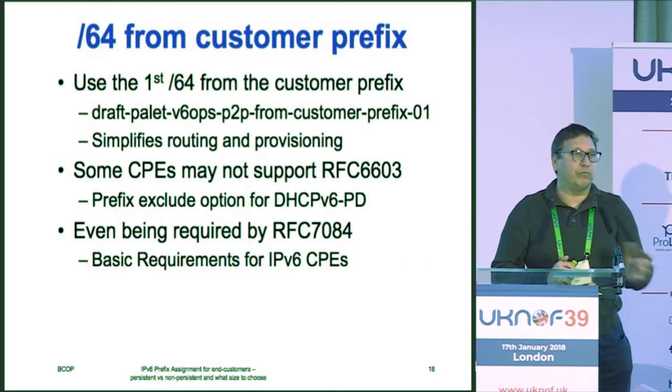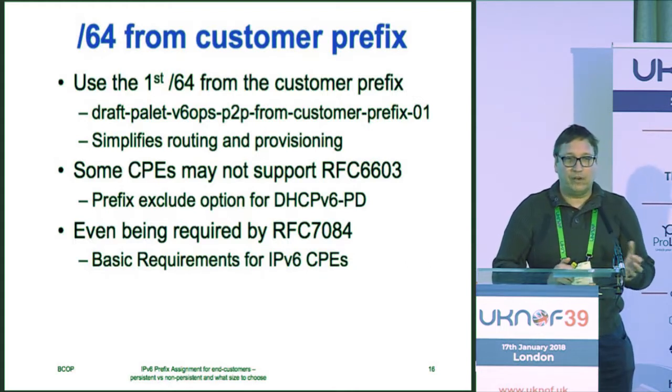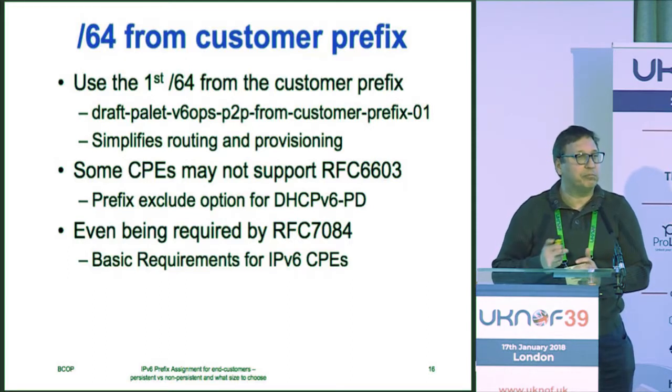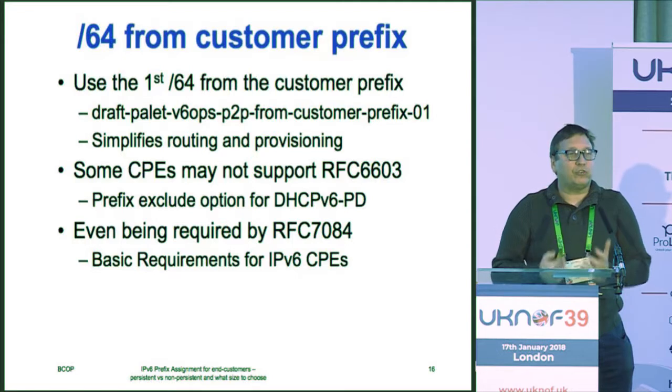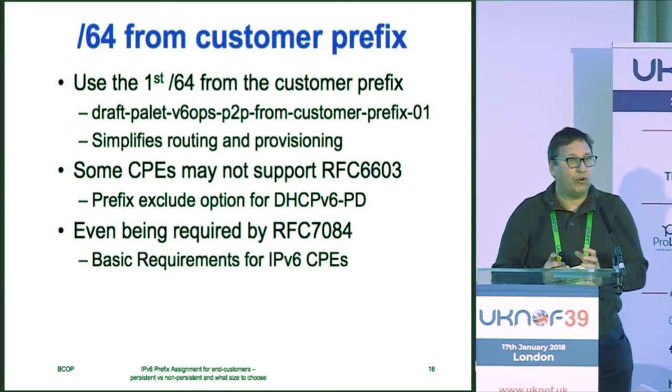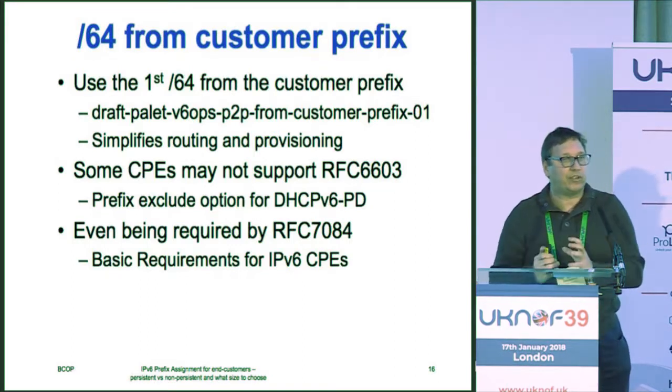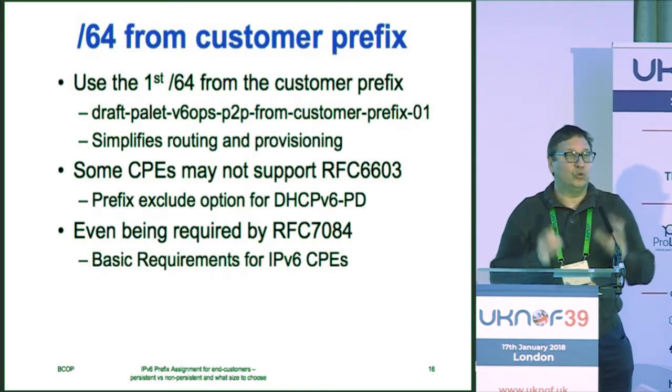So I recovered that draft that had expired, and I already have a second version, which basically explains there are a lot of reasons to use the first /64 of the prefix, for example, the /48 that you allocate to the customer, to do the WAN link numbering. It's easier.